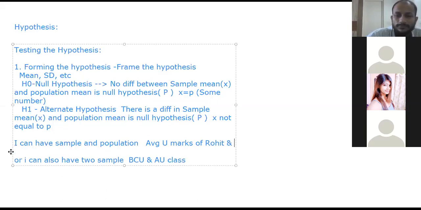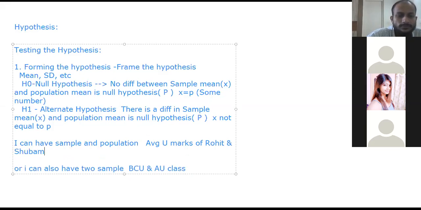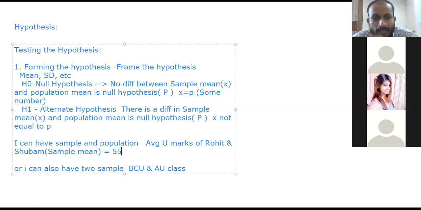This is the sample. Sample mean is equal to population mean, so let's say it is 55. This is what we call a hypothesis. So I can compare a sample with a population, or I can compare two different samples, and I come to a logical conclusion about which is more effective.